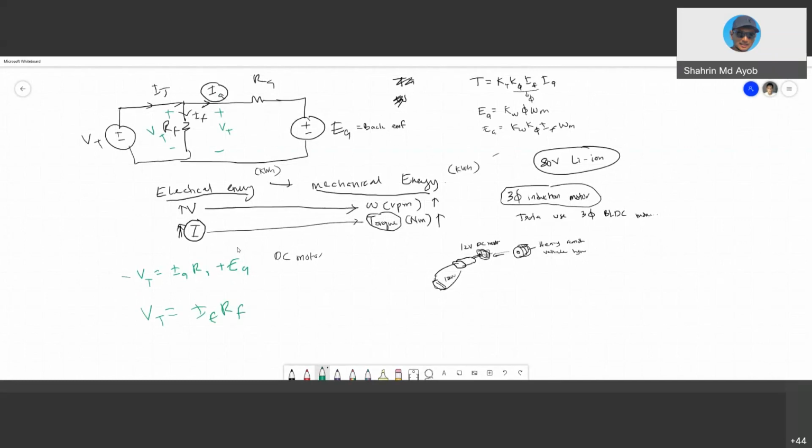This one is called the armature equation, and this one is the field equation. These are basic equations you can derive from Ohm's law, but the important parameters are these. You need to know this and this.